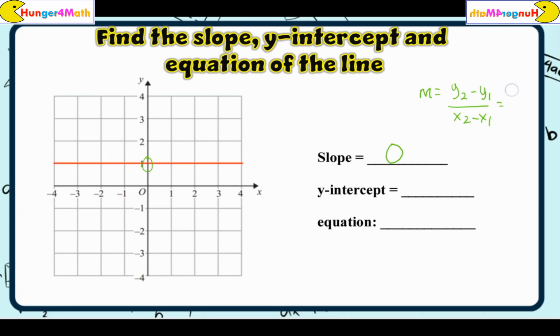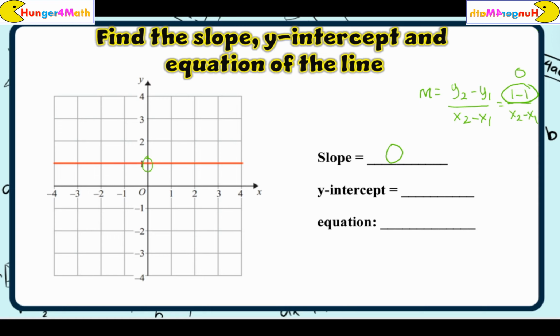So that will be 1 minus 1 over x sub 2 minus x sub 1. And 1 minus 1 here is 0. So if we divide that by the value of x sub 2 minus x sub 1, the answer is 0. So the slope is 0.